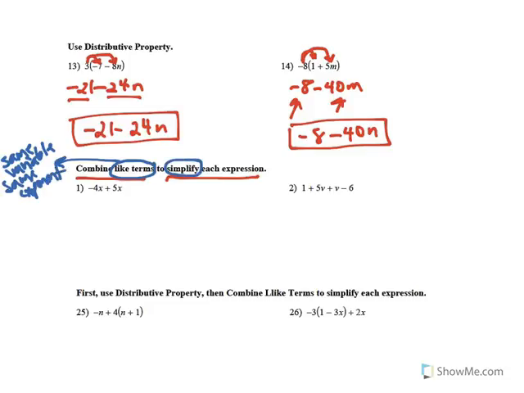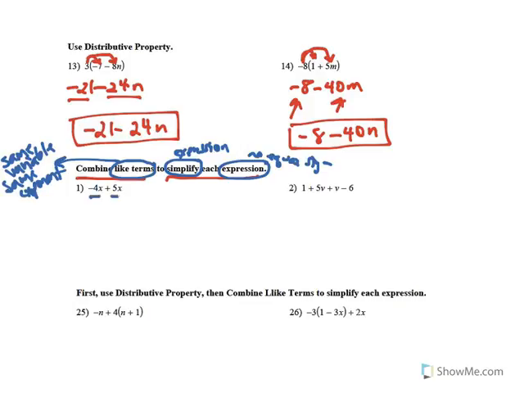Simplify means we will not get an answer, we will get an expression at the end. And the word expression means there will be no equal sign. So now we have an idea of what our problem is going to look like in its answer form.